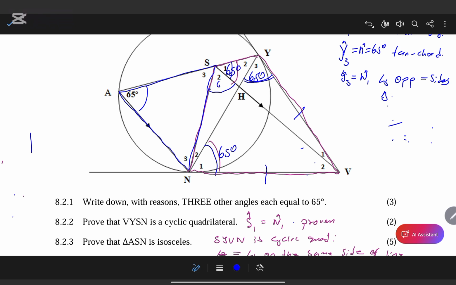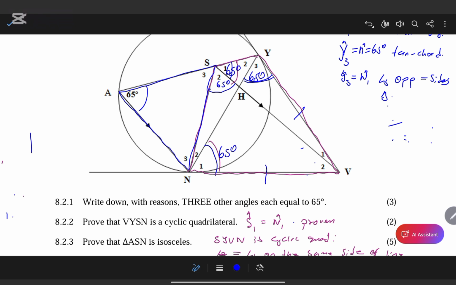So angle S2 is also 65 degrees. Now, if angle S2 is 65 degrees, look at this angle. Angle NSY is the exterior angle of triangle ANS. Now, what is the size of angle NSY? The size of angle NSY is 130 degrees.